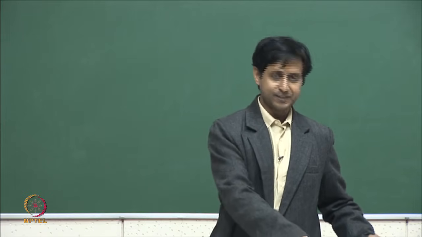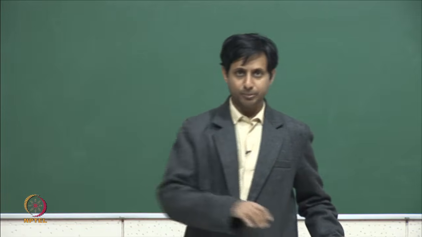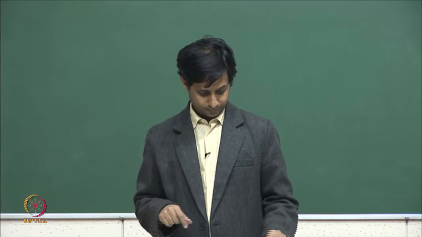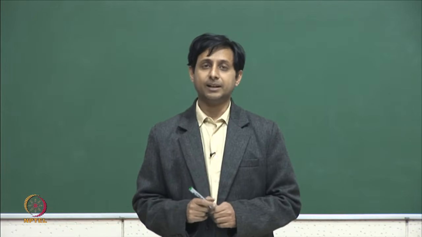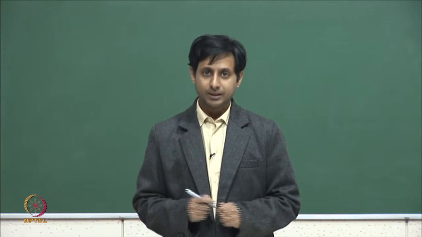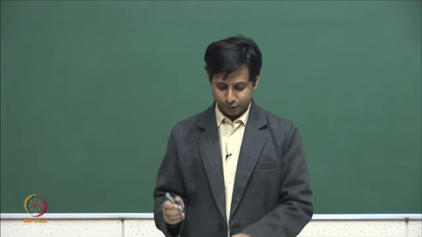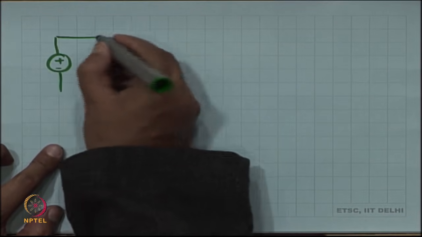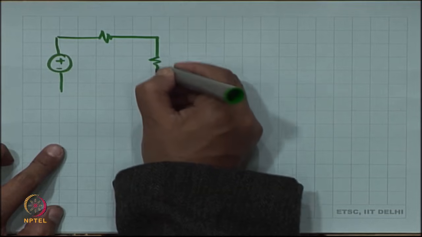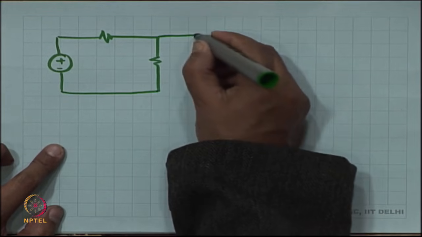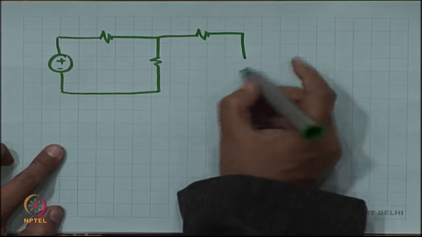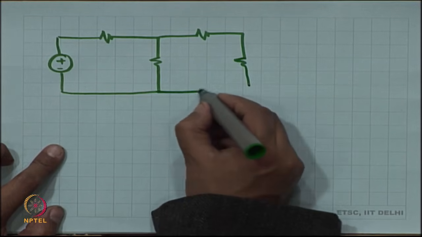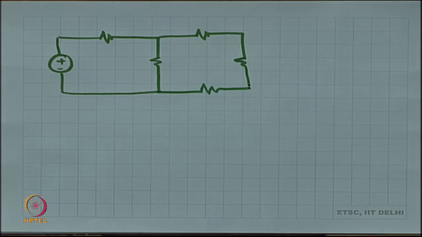Now, with an understanding of these symbols, let us also point out a few conventions. So, in electronics, in your circuit theory course, whenever you have drawn circuits, you might have drawn complicated circuits like this and you would have been asked questions to analyze and so on and so forth.